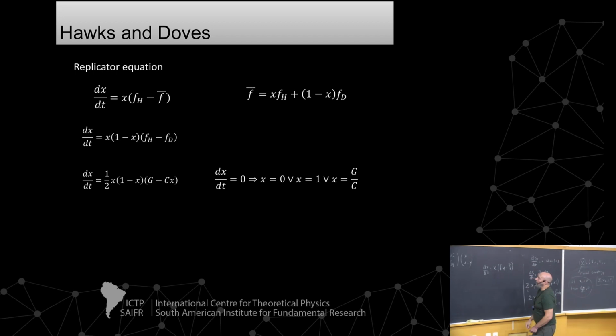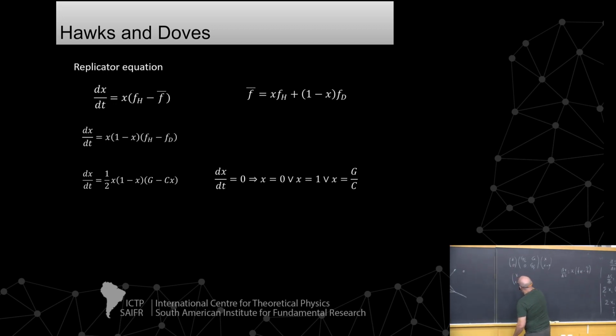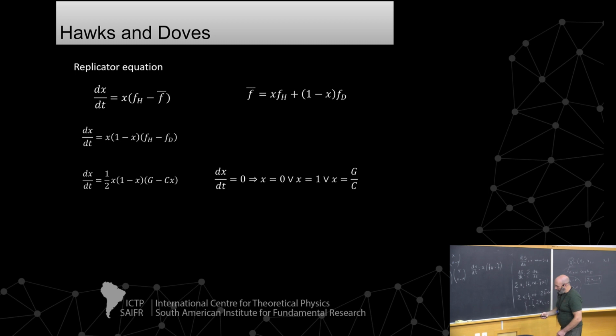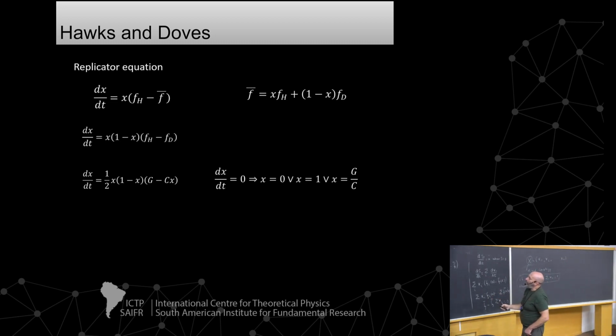This is the payoff of the hawk, and the mean payoff is this. So we do this calculation, and finally, I am not going to make all the calculations, but believe me that after doing all this and replacing this here and this here, we finally got this equation. The replicator equation for the hawk is this one.